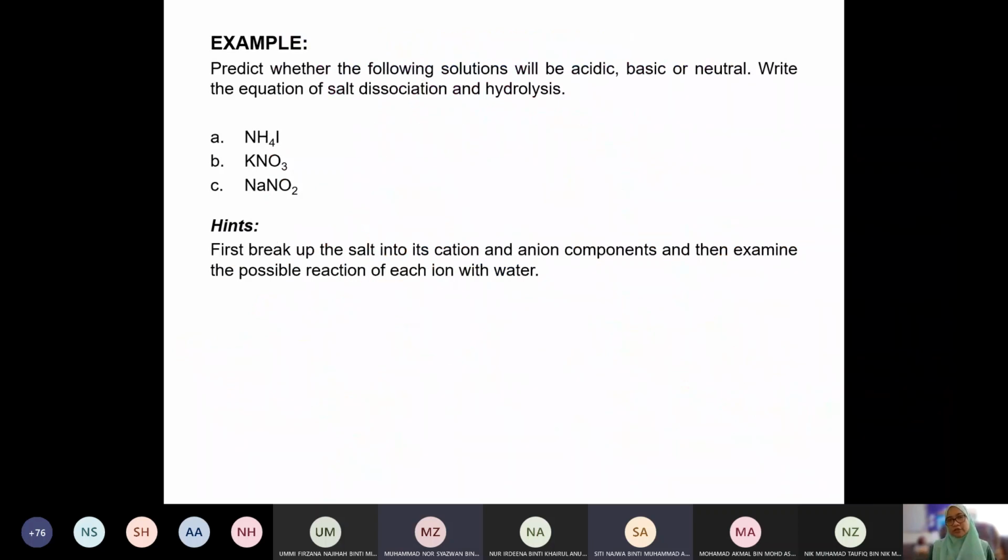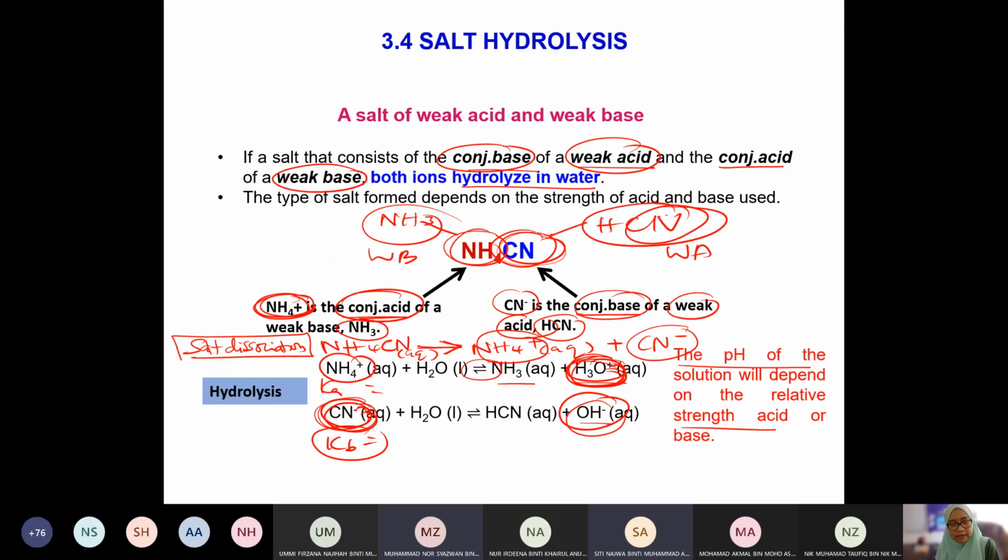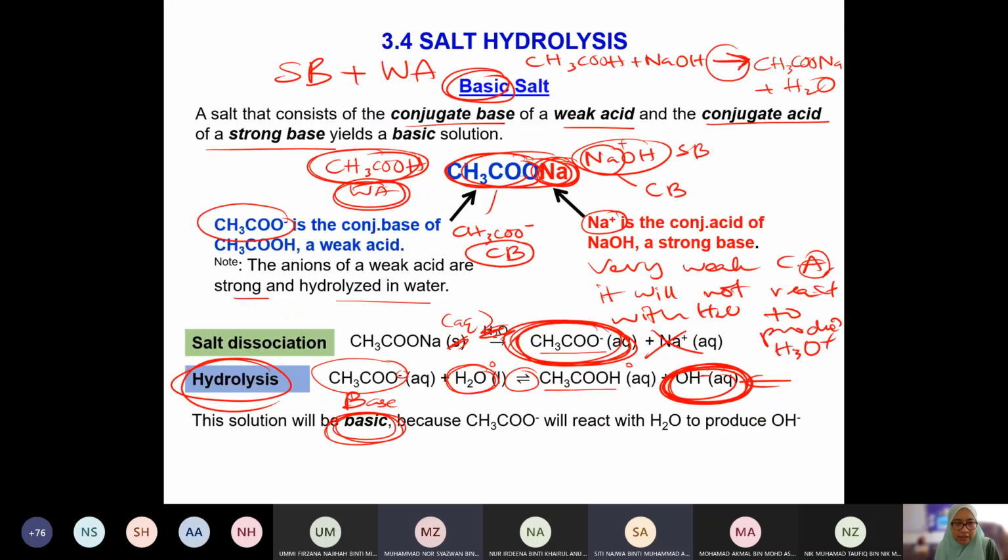Predict whether the following solution will be acidic, basic, or neutral. Write the equation of salt dissociation and hydrolysis. So how do you prove the given salt here is an acidic, basic, or even neutral salt? Normally for this type of question, you would have to write the salt dissociation and the hydrolysis of salt.